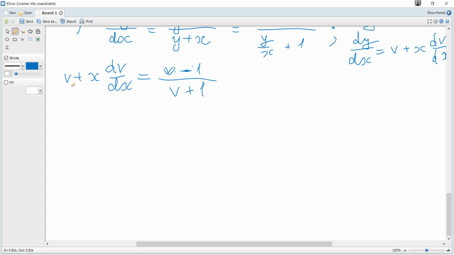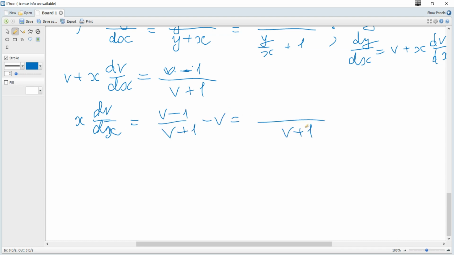So move v to the right, we get x dv over dx is v minus 1 over v plus 1 minus v, common denominator v plus 1, v minus 1 minus v squared minus v, yes, correct.